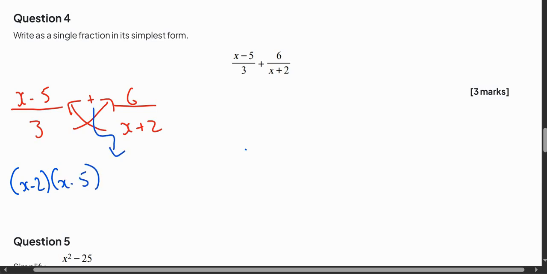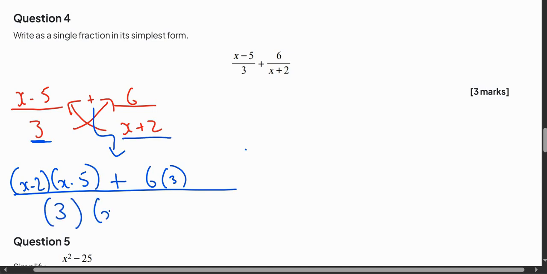Bring the plus sign down, plus 6 multiplied by 3 upon this 3 in bracket and this x plus 2. Solve it now. So I will solve it over here for you guys.